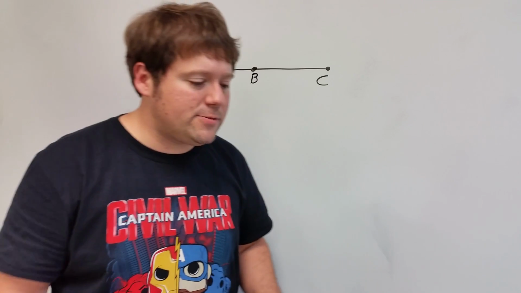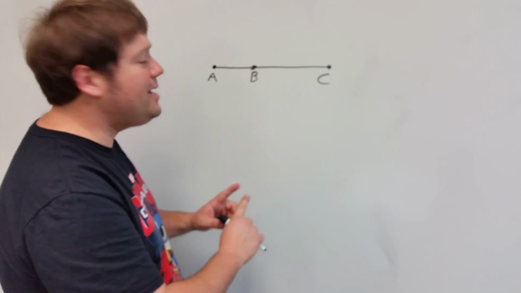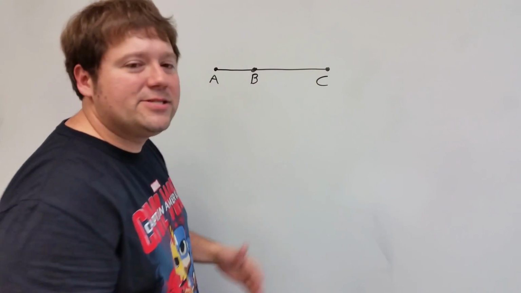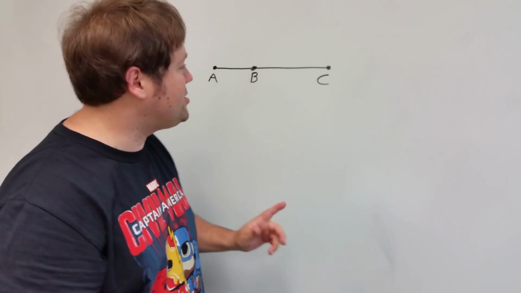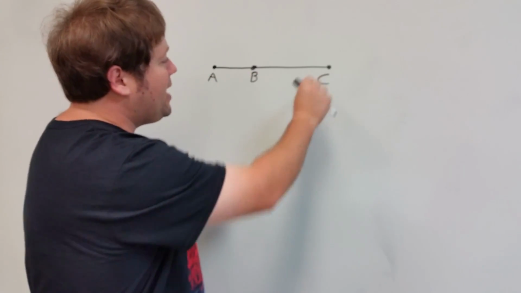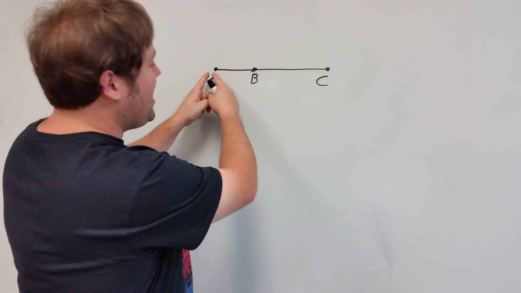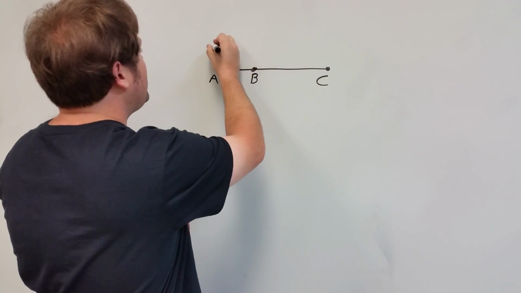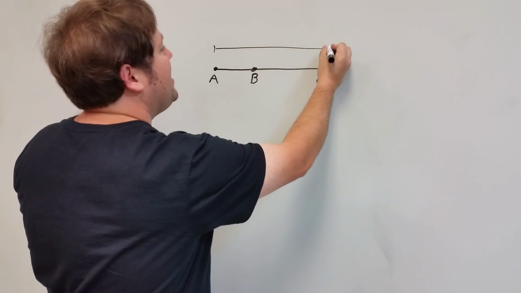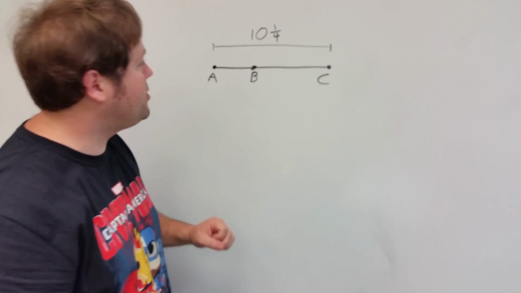And sometimes in the book they're going to give us problems like this, where they tell us line segment AC is 10 1/4 units long. And what always helps me is I actually go ahead and draw my line segment and I label it with what it tells us. It's telling us AC, which is the whole thing, is 10 1/4 units long, so I label it 10 1/4.